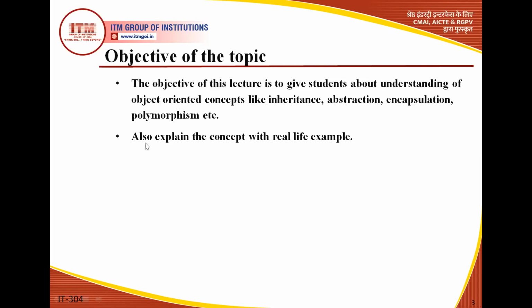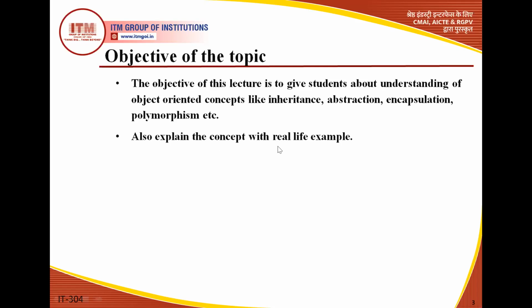Now, one more objective is to explain the concepts with some real life examples, because the concept of object orientism is saying that if you are much more connected with real life examples, then you can easily understand what the problem means, the problem for which you are supposed to do programming.